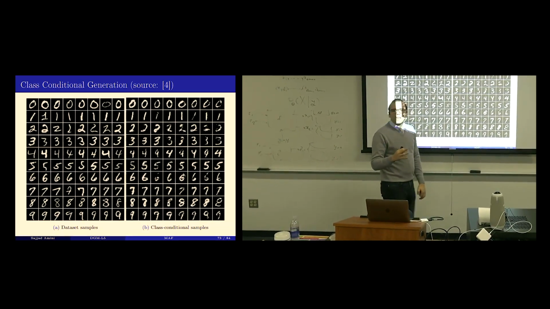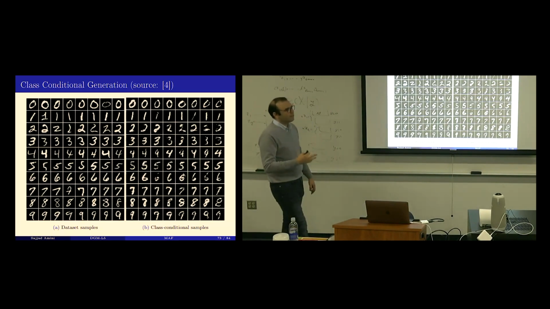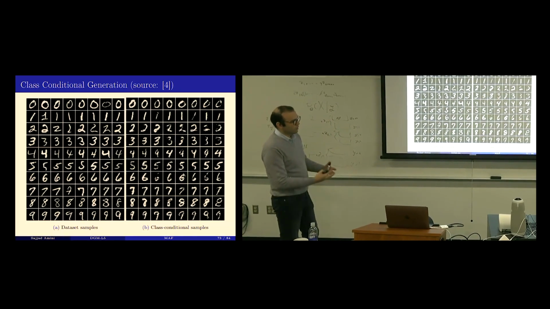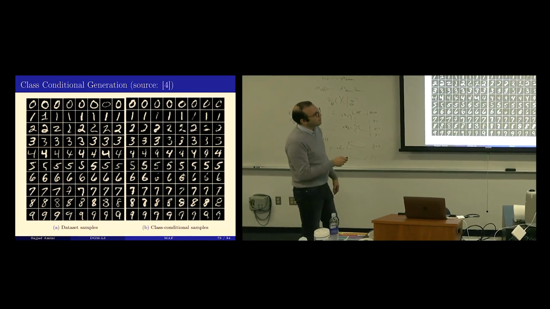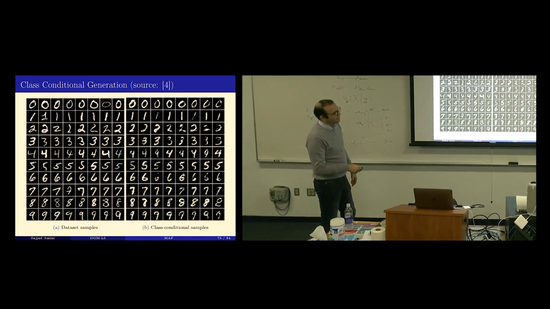Is that clear? In more complex applications, for example with text, you want to generate images corresponding to that text. Whenever you condition on a specific text, the model just generates samples conceptually similar to what you have written there. This is the result of generation for label 1, 2, 3, until the end.